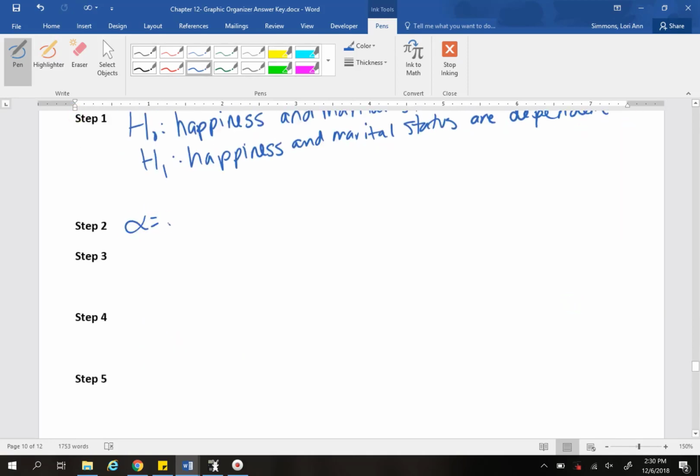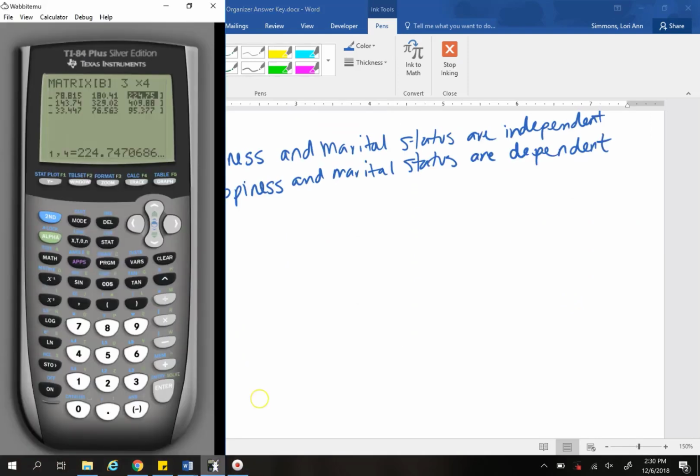Step 2, your alpha is 0.05. Step 3, we can go back to test. And our chi-square is 224.116. P-value. Remember, p-value has to be less than or equal to 1. So when you see this, look all the way to the right.